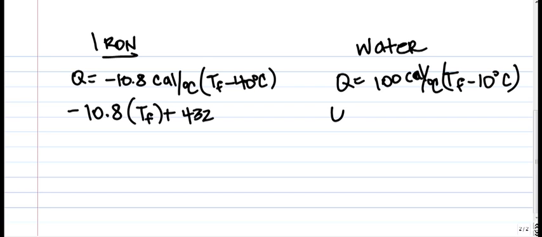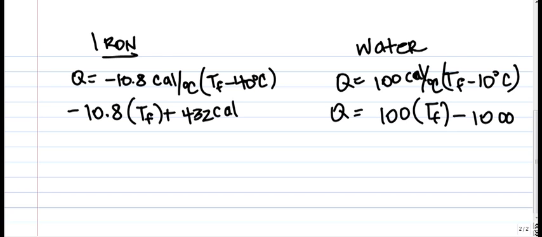On the water side, I've got Q equals 100 times some sort of final temperature minus 1,000, and then this 432 is measured in calories, and then this 1,000 is measured in calories as well.